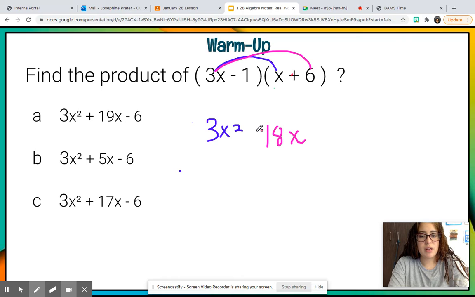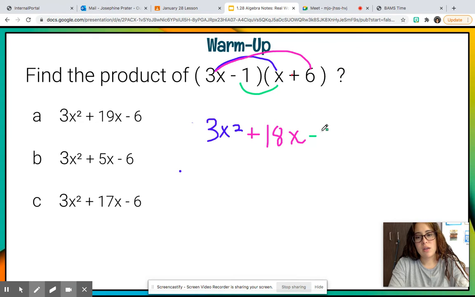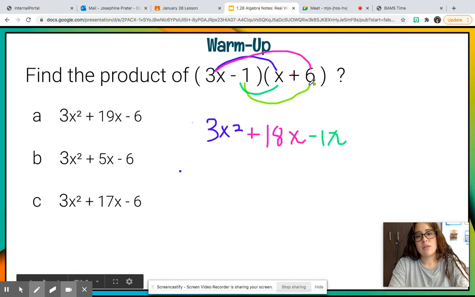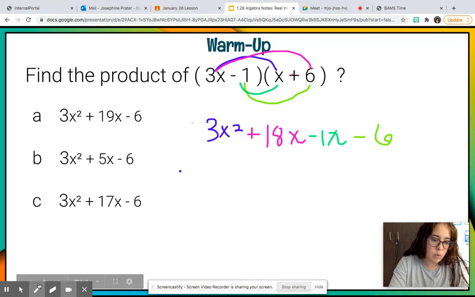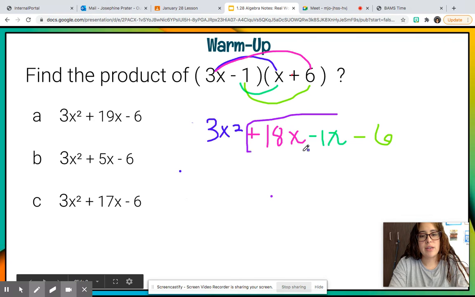And since it was a positive, put plus. Okay, the next thing would be to multiply negative 1 times x, negative 1x. And then finally, it would be negative 1 times 6, negative 6. And then we would just combine like terms. So definitely the x's.